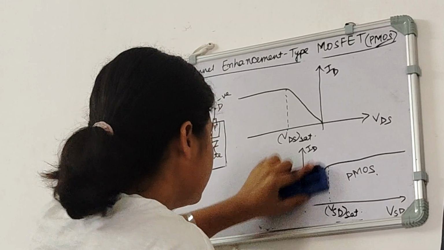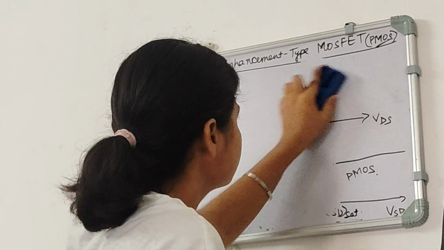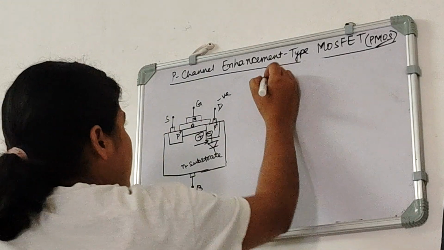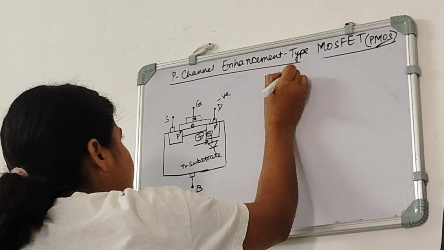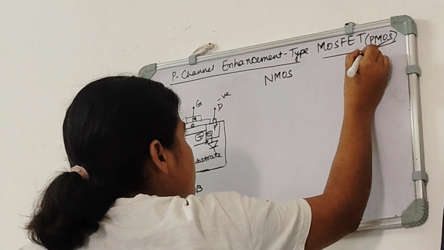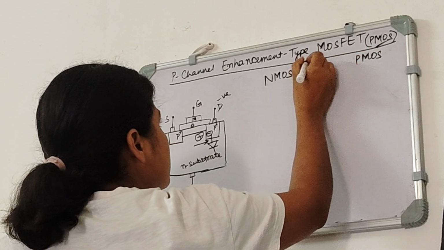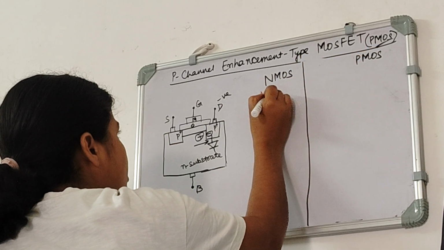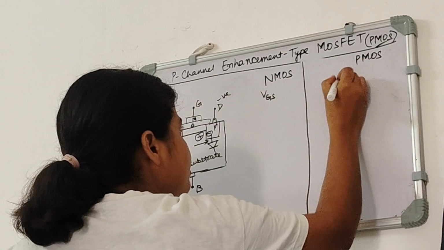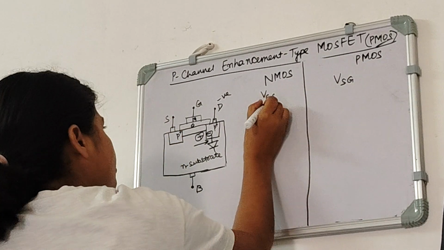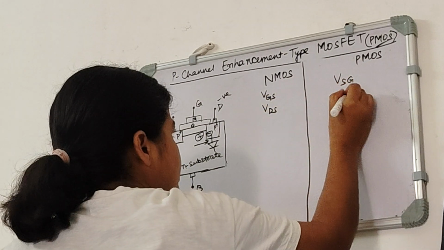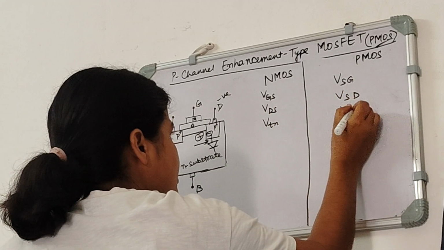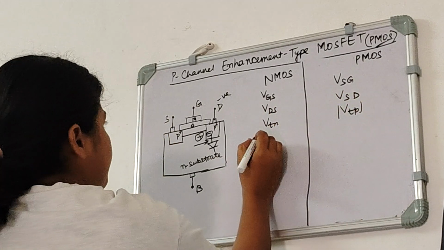So we can say one thing, that for NMOS and PMOS, where we write VGS, we can write VSG. For VDS, we will take VSD. For VTN, we will take VTP, that is mod of VTP.